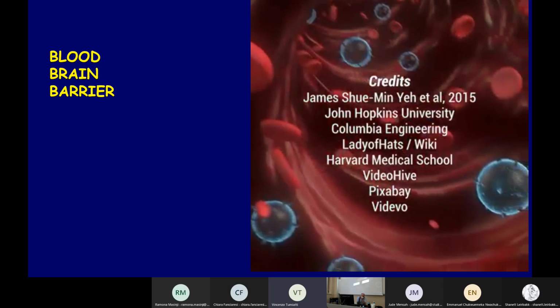We try to attach our drug to glucose, for example, or vitamin C. Polyamine and antibodies are other approaches you have seen in the movie. Or we try to disorganize the blood-brain barrier with ultrasound and so on. So you see, it's not easy to reach the CNS with drugs.